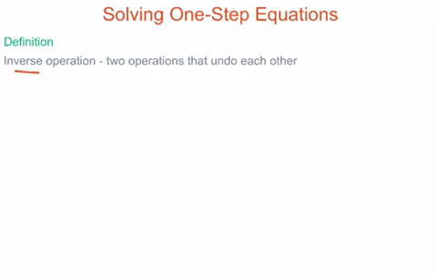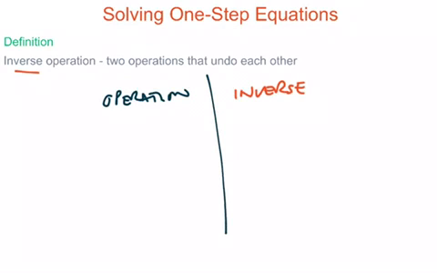Thinking about an operation and its inverse, there are a couple that we know. The opposite of addition is subtraction. Similarly, the opposite of subtraction is addition, right? And then we have multiplication.